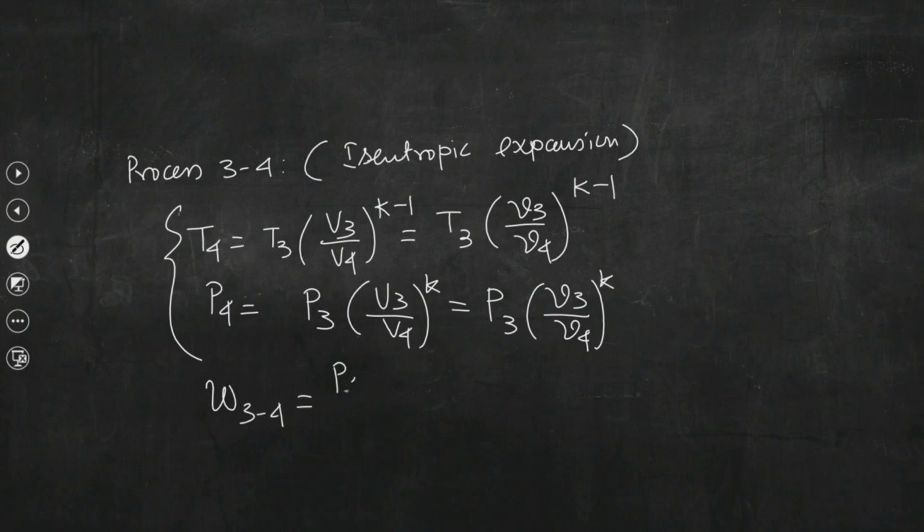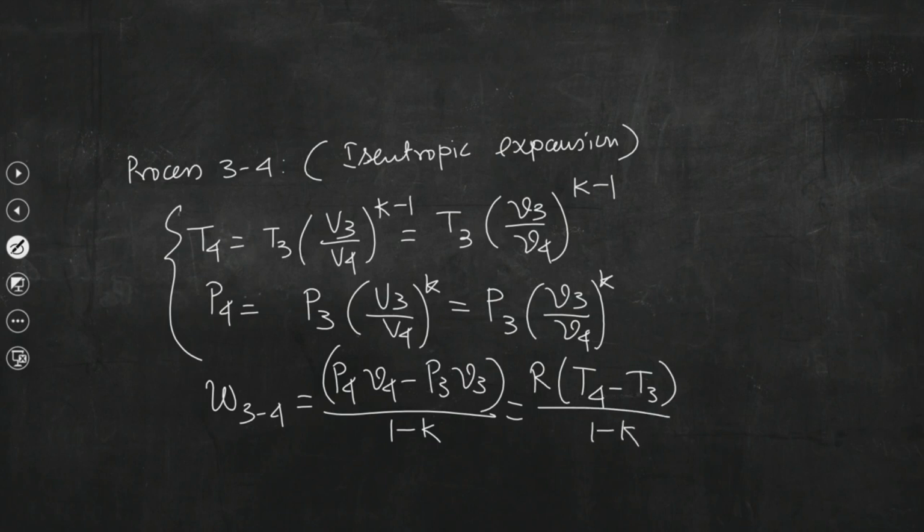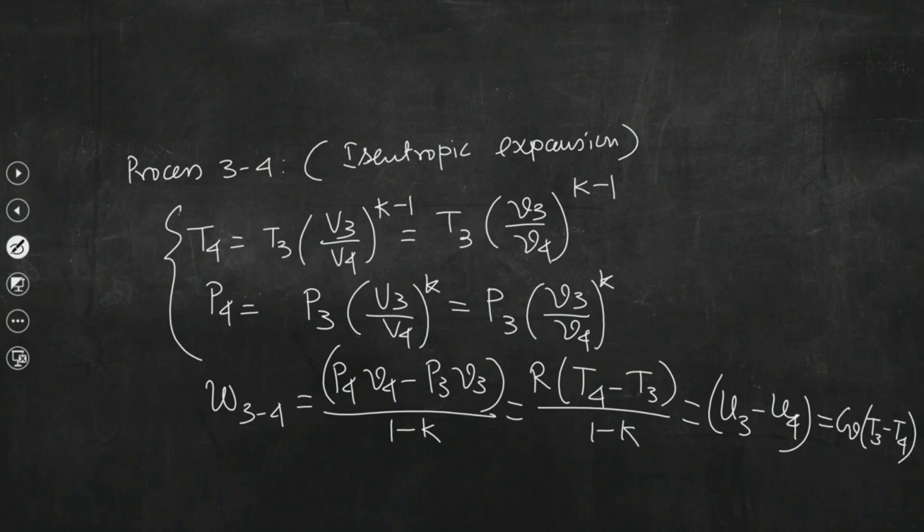W34 equal to P4 V4 minus P3 V3 upon 1 minus k, that is very important, equal to R into T4 minus T3 upon 1 minus k, and that is nothing but U3 minus U4, equal to Cv into T3 minus T4, right.